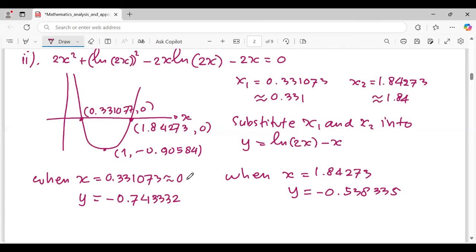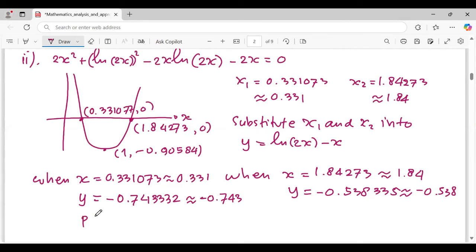So approximating, 0.331 and approximately minus 0.743, 1.84 and approximately minus 0.538.